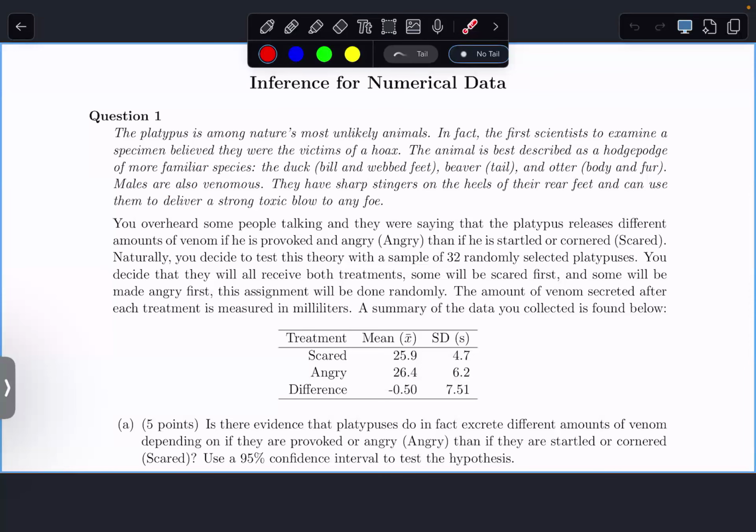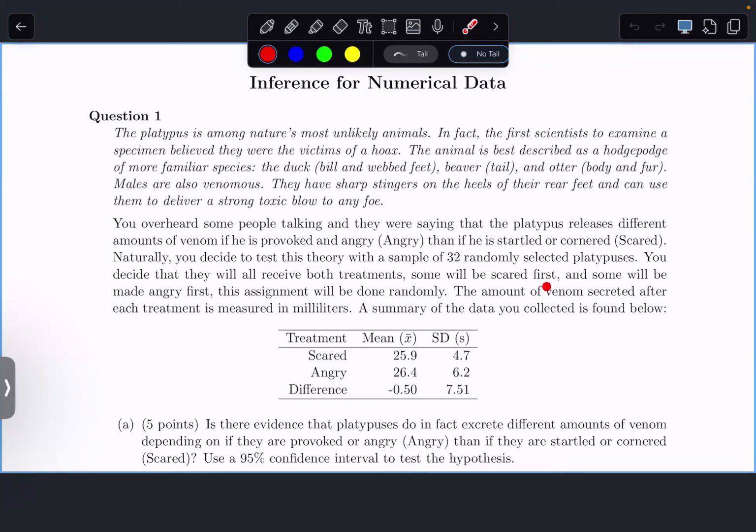So here's my question. You overheard some people talking, and they're saying that the platypus releases different amounts of venom if he's provoked and angry, which we'll call angry, than if he's startled or cornered, which we'll call scared. Naturally, you decide to test this theory with a sample of 32 randomly selected platypuses. You decide that they will all receive both treatments.